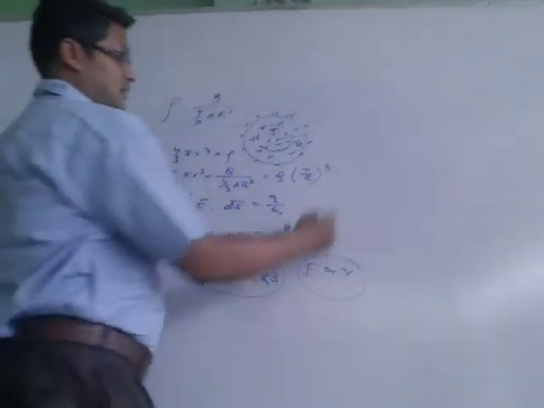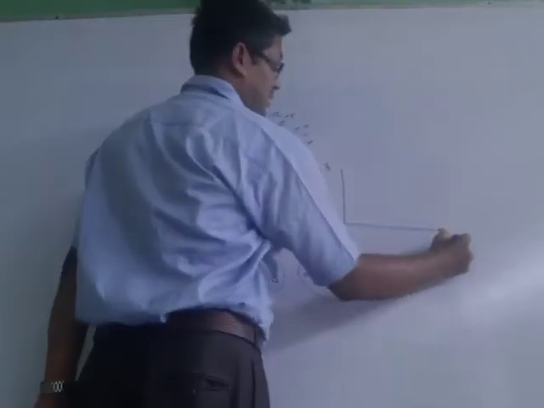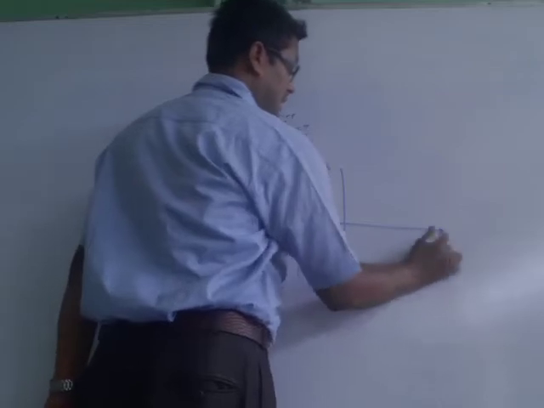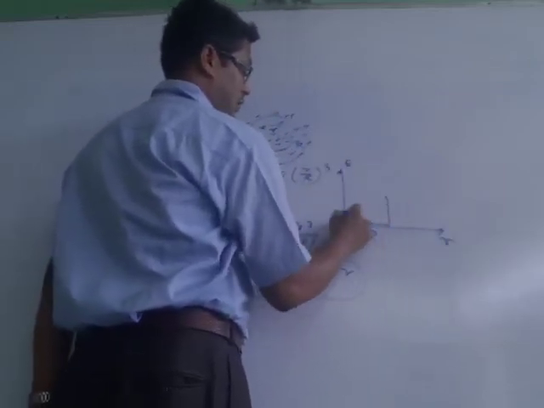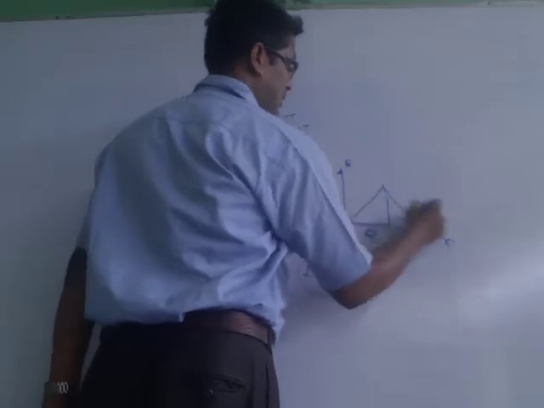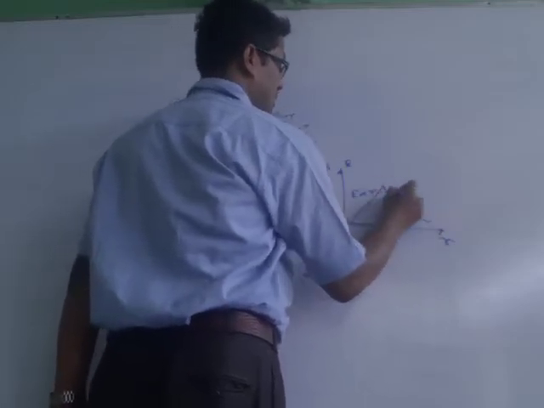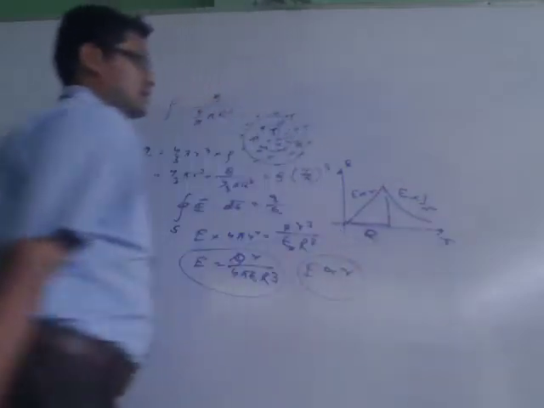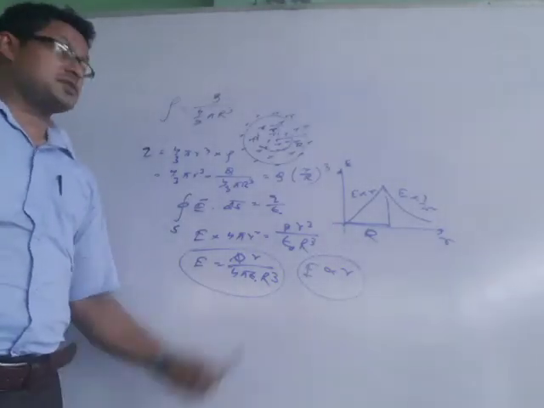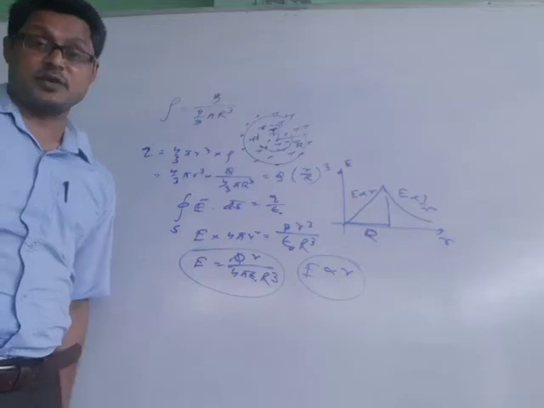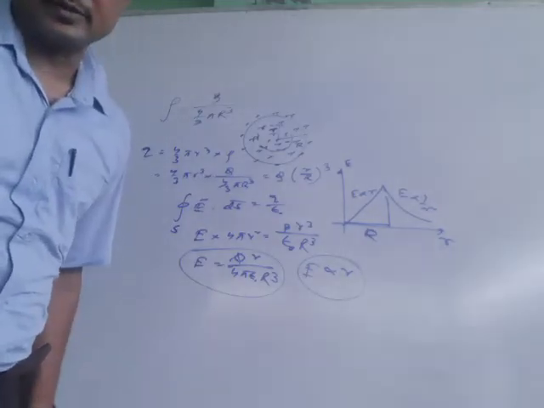So inside, the intensity will vary linearly. Up to R it will vary linearly, then inversely, E proportional to 1 by r square. So this is the field due to solid spheres, solid conducting and solid non-conducting, that I have discussed.